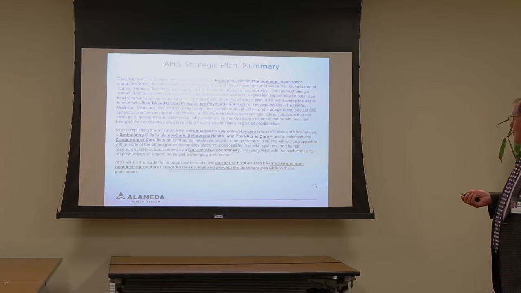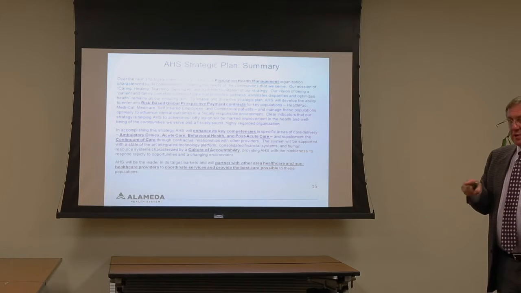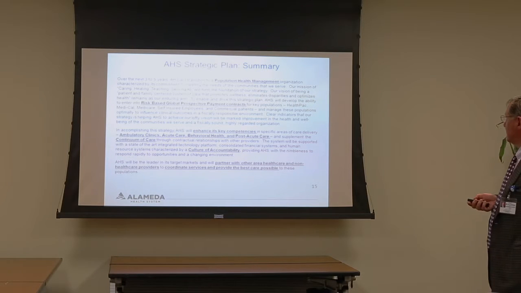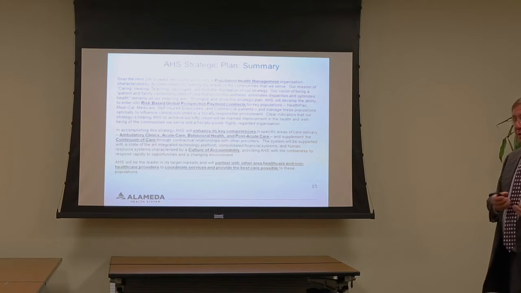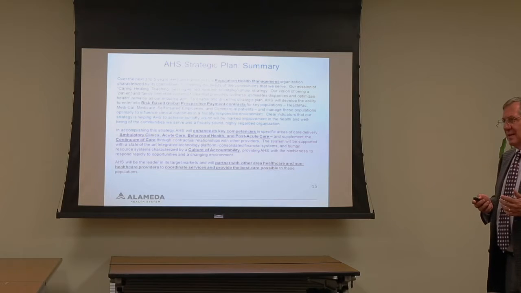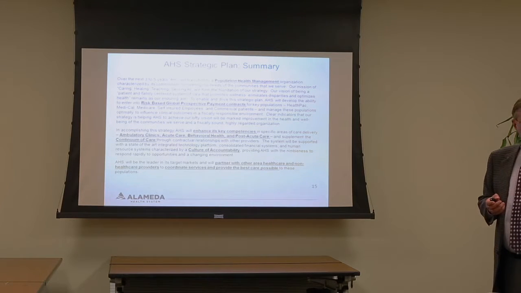We're going to build on our key competencies, okay? That's kind of getting back to that Boston Consulting Group matrix about what are our key strengths, and let's focus on those. It also implies that maybe we're not going to be doing some things that we're currently doing, but that's a tough discipline to impose in a not-for-profit healthcare organization.